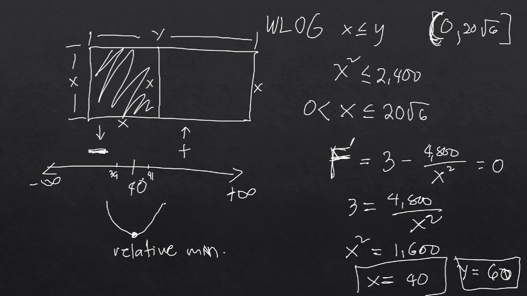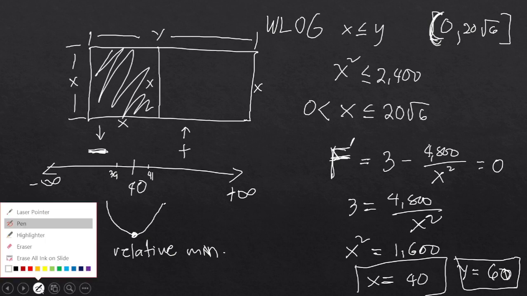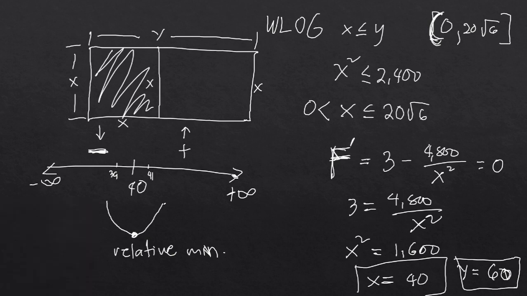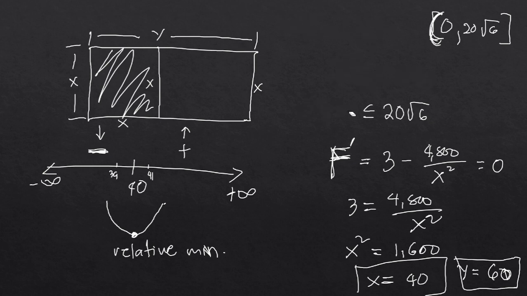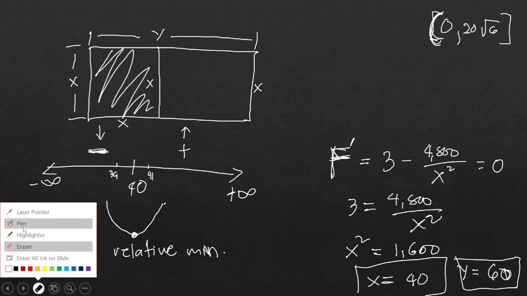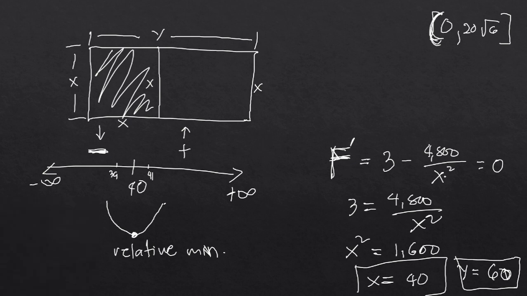So the next thing that we will be doing, just to assure that we are really sure with our answer, is the second derivative test, the concavity. Let us see whether it is really concave up to affirm that we really have the relative minimum. So what we will do is get the derivative of this.